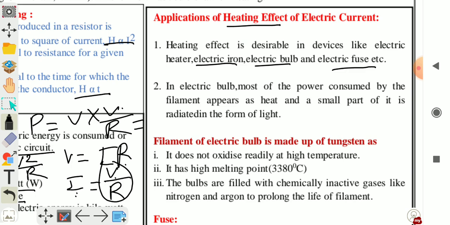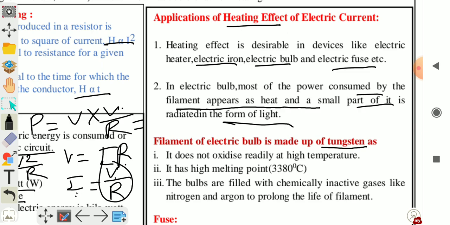In electric bulb, most of the power consumed by the filament appears as heat, and a small part of it radiates in the form of light. Filament of electric bulb is made up of tungsten. Tungsten is a metal which is used for making the filament of electric bulb.